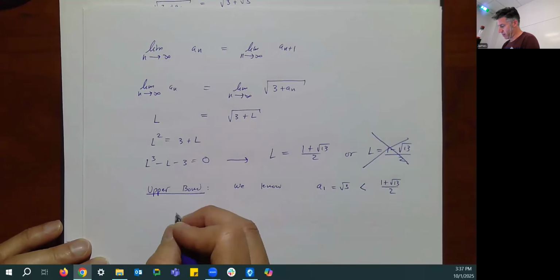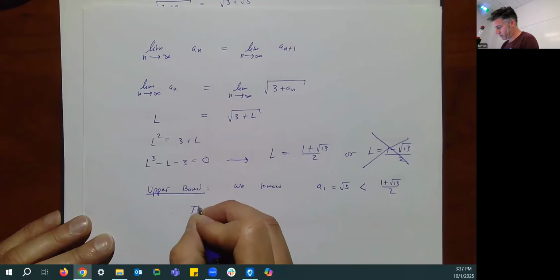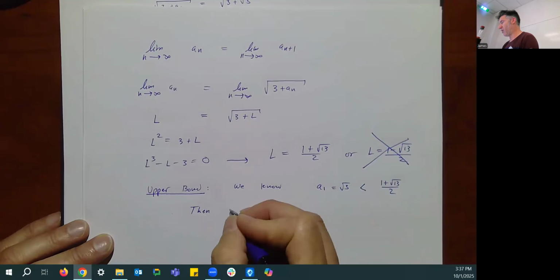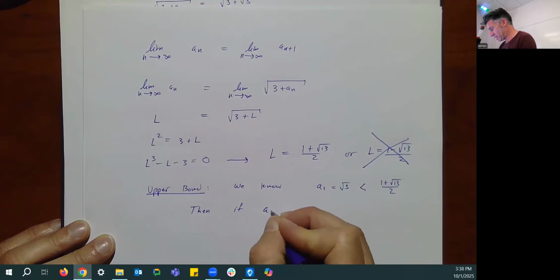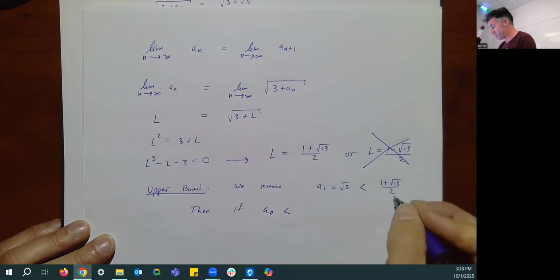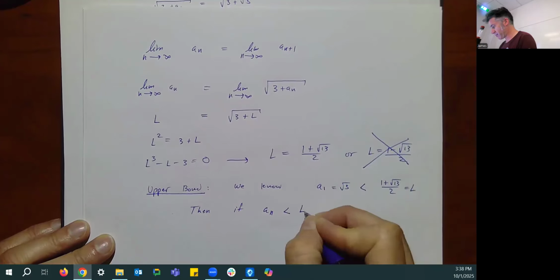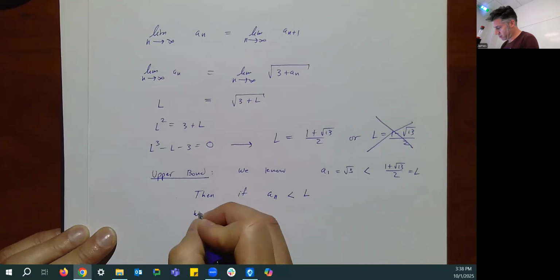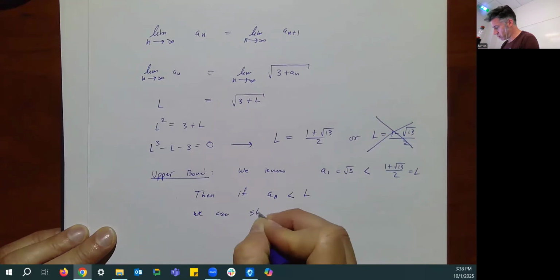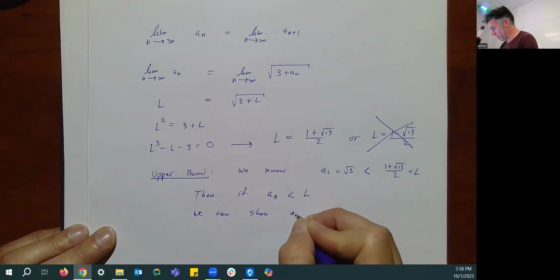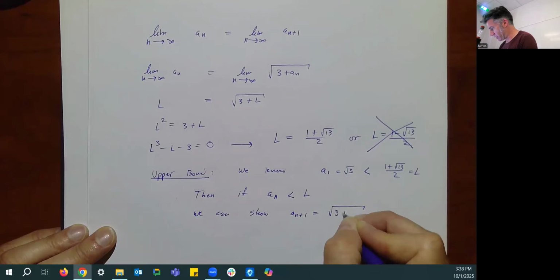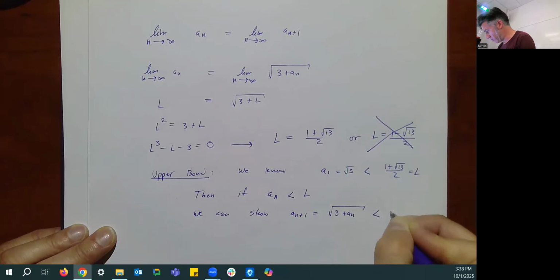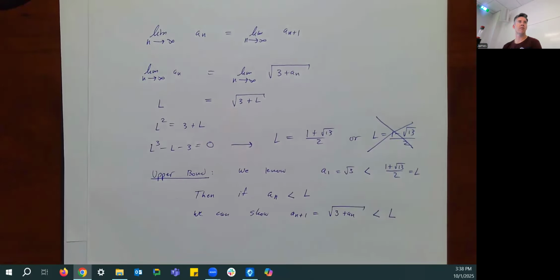Then the next term, oh, sorry. We can say then if a sub n is less than, I'm just going to call this L, we can show that a sub n plus 1, which is equal to the square root of 3 plus a sub n, is also less than that value.